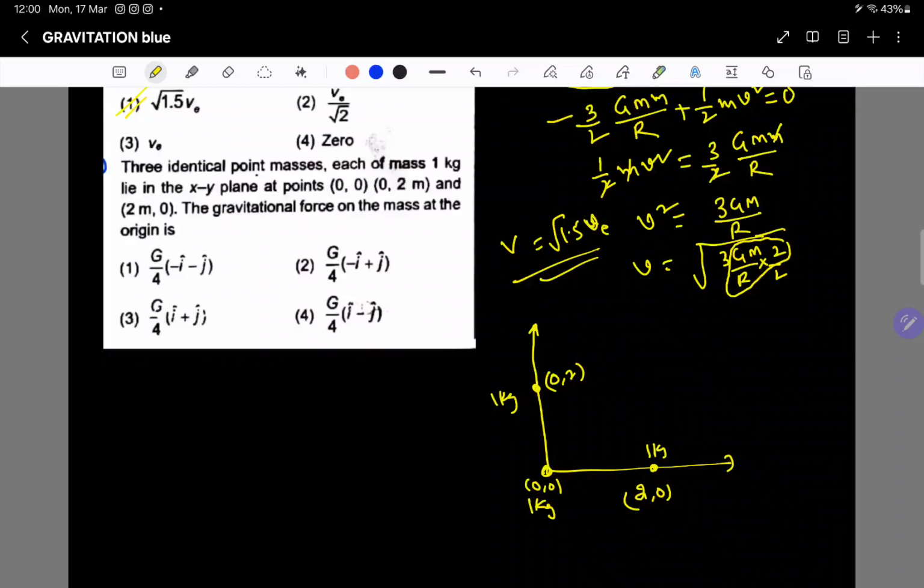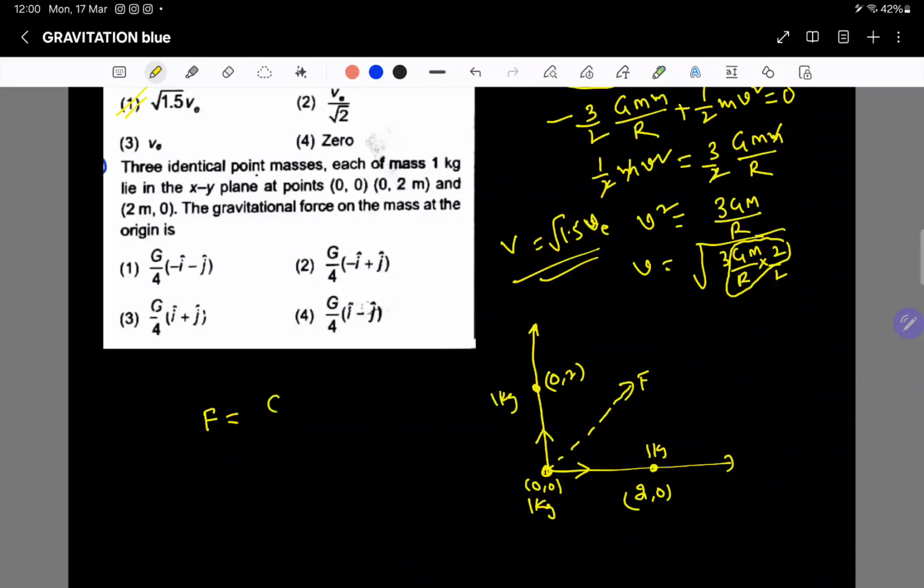Gravitational force of attraction: because of this one particle, attraction to the right, and because of the other, attraction upwards. The net gravitational force, the resultant, passes through the diagonal. The force along the x direction is along i cap, along the y direction j cap, and the distance is 2 meters only. What is the gravitational force?